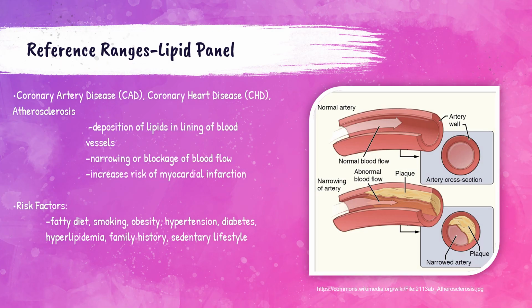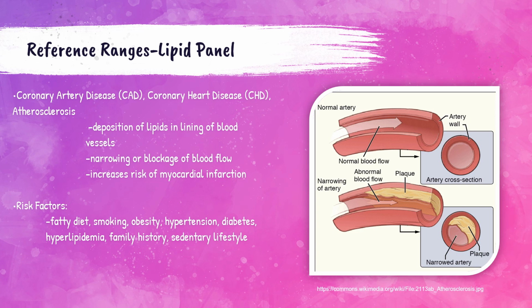Coronary artery disease, coronary heart disease, and atherosclerosis are diseases that involve abnormal lipoprotein levels. This happens when coronary arteries struggle to supply the heart with enough blood, oxygen, and nutrients. Cholesterol deposits or plaques are almost always to blame. In the picture on this slide, the top shows a normal artery.